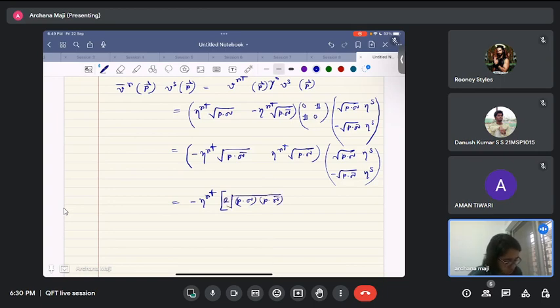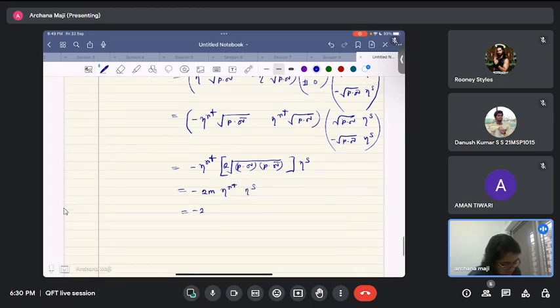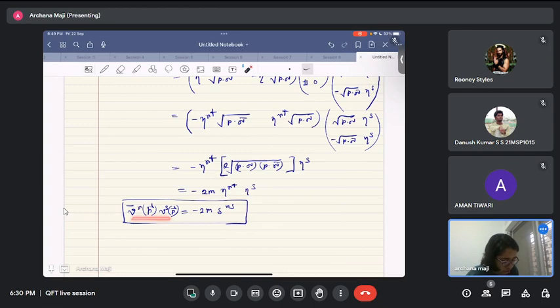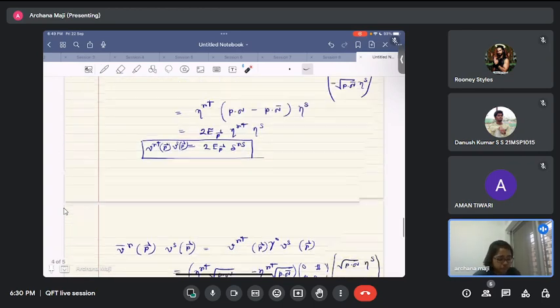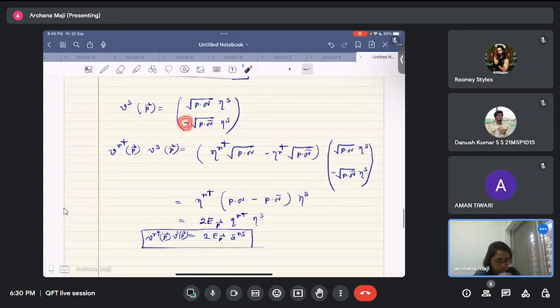So 2 times eta s, which is minus twice m eta r dagger eta s, minus twice m delta rs. Unlike the positive frequency solution, this normalization condition has a minus sign in front, just coming from this minus here of the negative frequency solution.